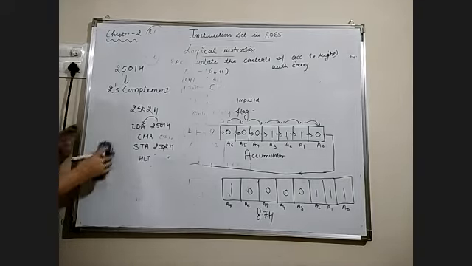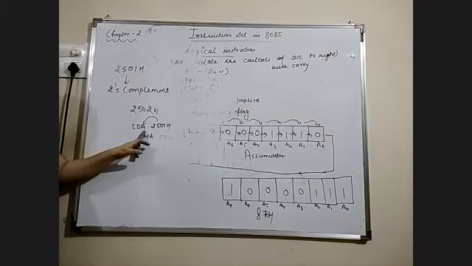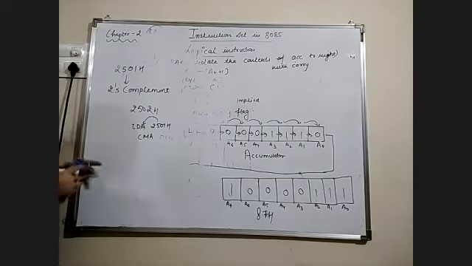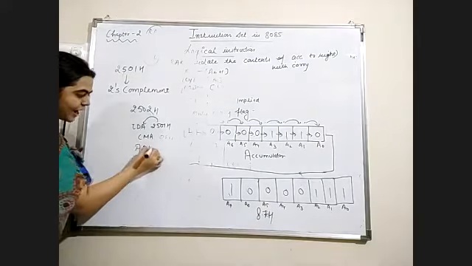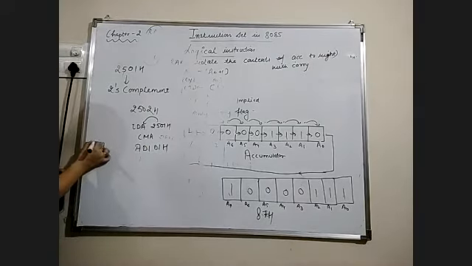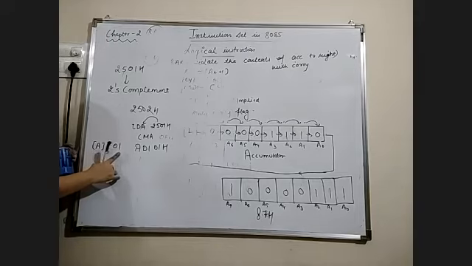So the instruction is the same. Initially we can put the value of this memory location into the accumulator. Then we can complement the contents of the accumulator. Then we can write the instruction ADI 01H. This instruction means whatever contents we have in the accumulator will be immediately added with the contents given in the instruction.